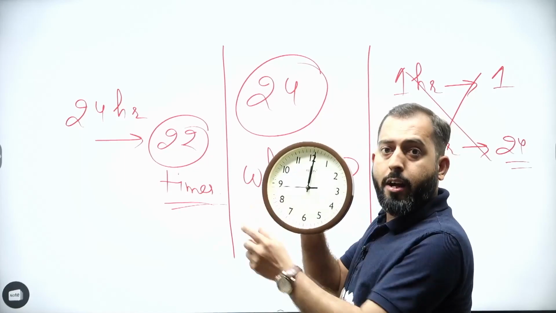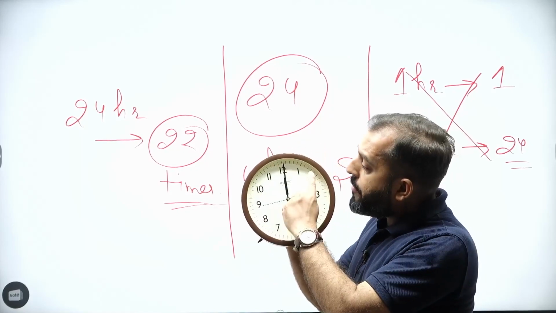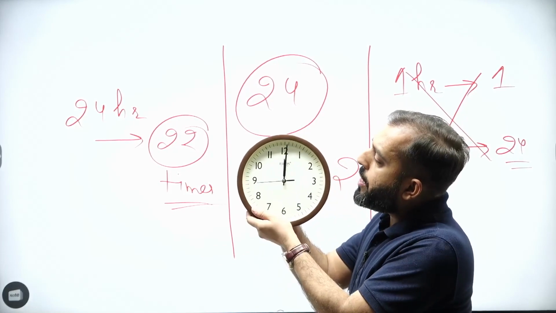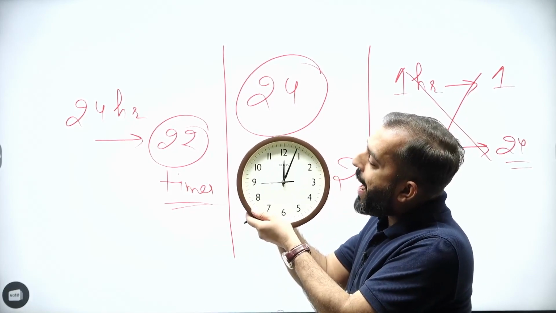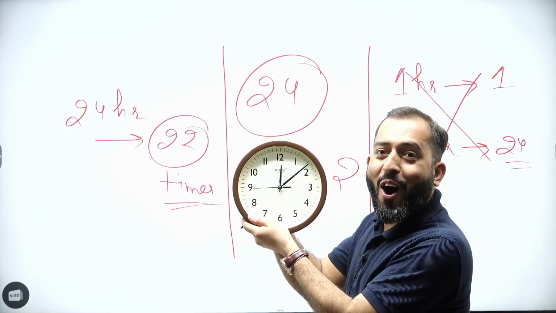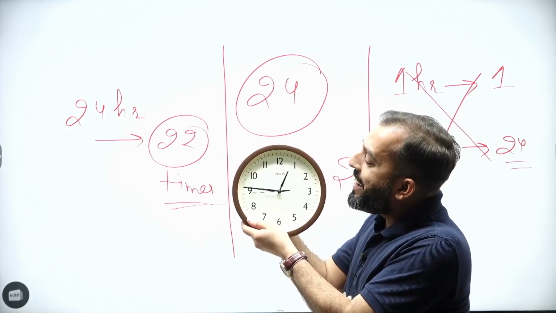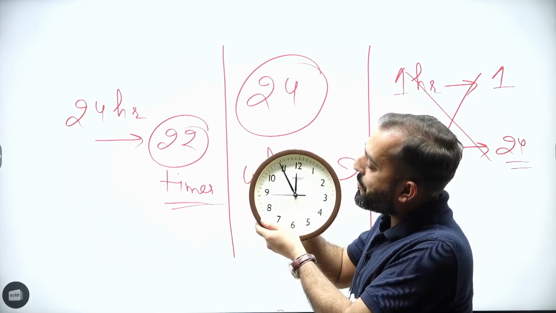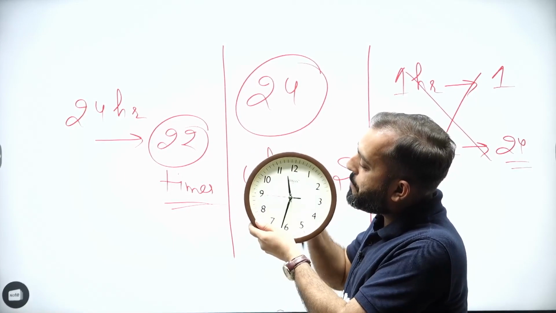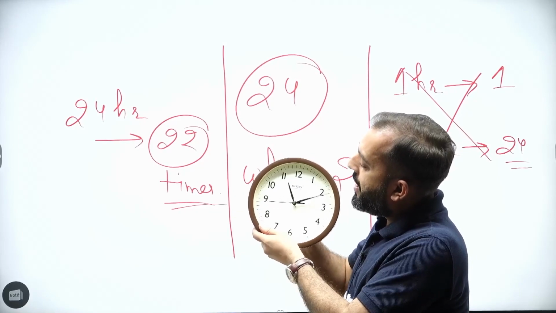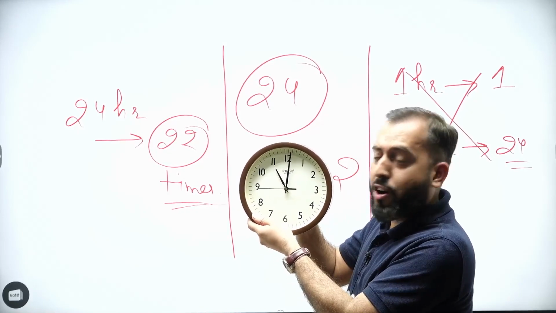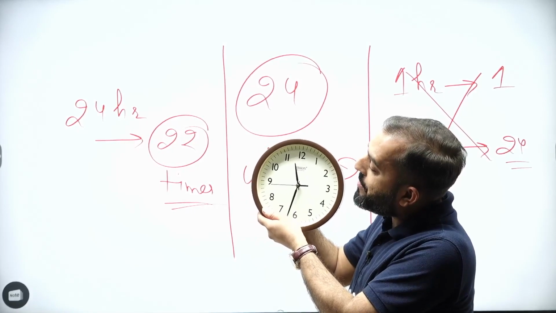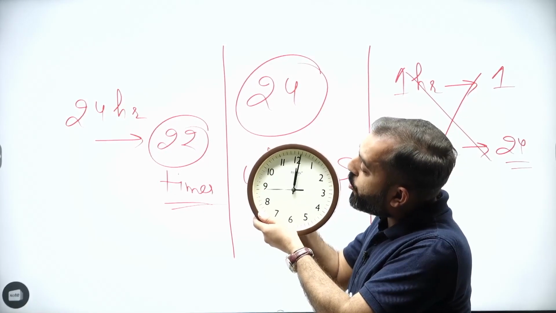From 12 to 1, you can see hands will not coincide at all. Similarly, between 11 and 12, this is the situation of 11 o'clock, hands will not coincide at all.